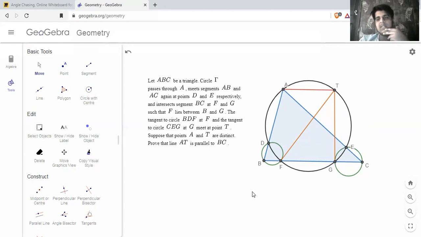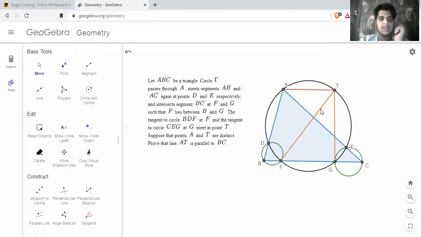So this is where you make a claim or a guess from your own diagram. From GeoGebra, it's evident that T lies on this circle gamma. This is actually true. If you draw a good enough diagram on paper, you can also see it. So this helps us a lot.